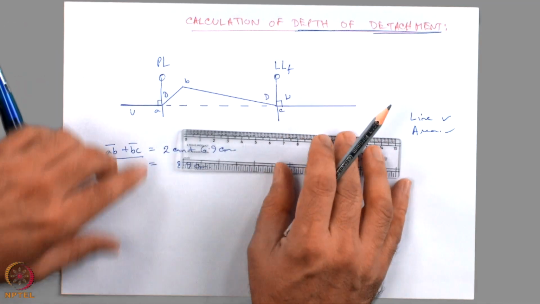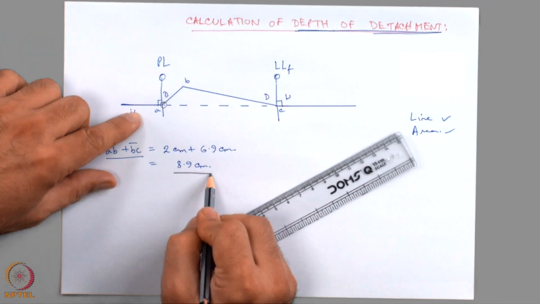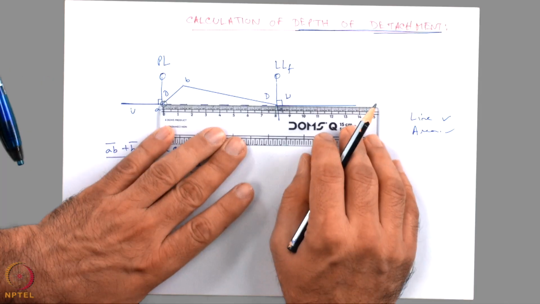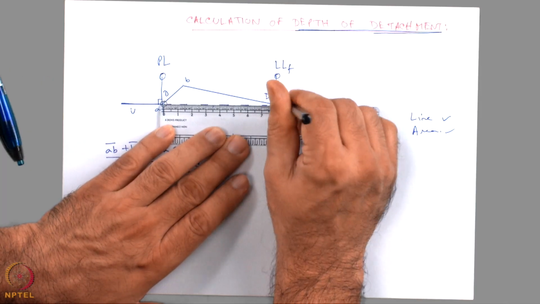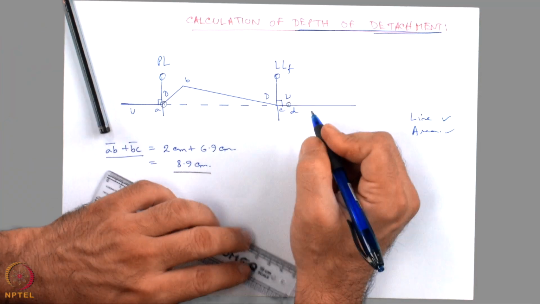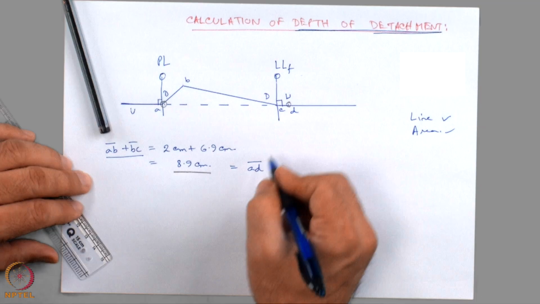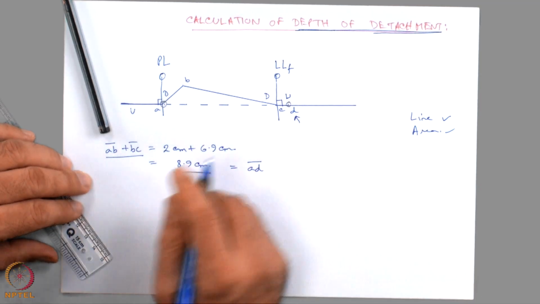What I need to do is, from point A, draw a line of 8.9 centimeter length. So, here is 8.9 centimeter. Point D is marked, equal to the AD distance. Point D has been plotted on the line.